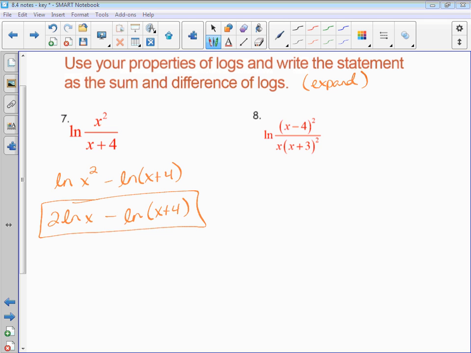The only part about these that gets tricky is what's actually positive and negative, where do the signs go?